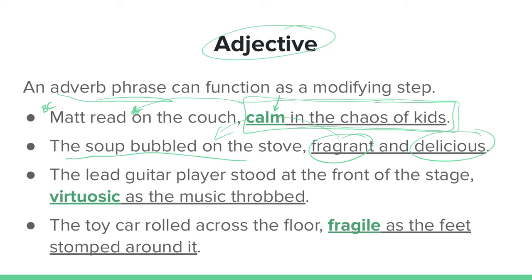Here's our base clause again, and here's our adjective. So we just add a comma and then an adjective to describe what's going on in the base clause. Same thing here. The toy car rolled across the floor, fragile, as the feet stomped around it. Fragile's your adjective. Use it to find an idea that develops the base clause, starting with an adjective.